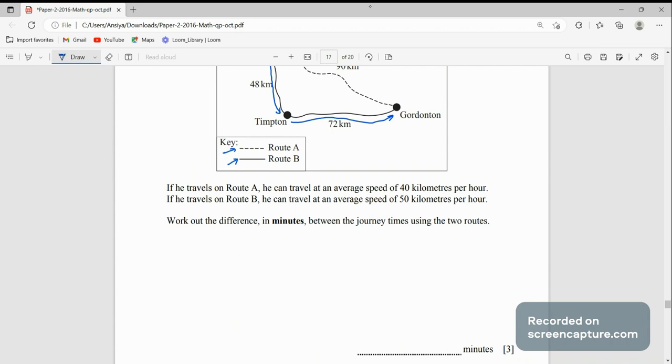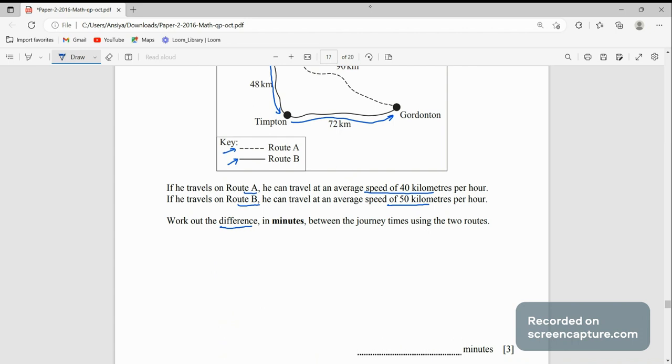The distance for each route is shown on the diagram. If he travels on route A, he can travel at an average speed of 40 km per hour. If he travels route B, he can travel at an average speed of 50 kilometers per hour.